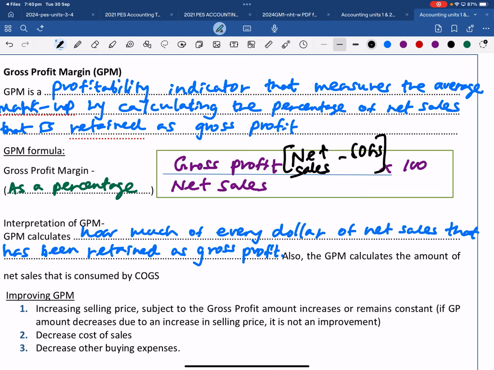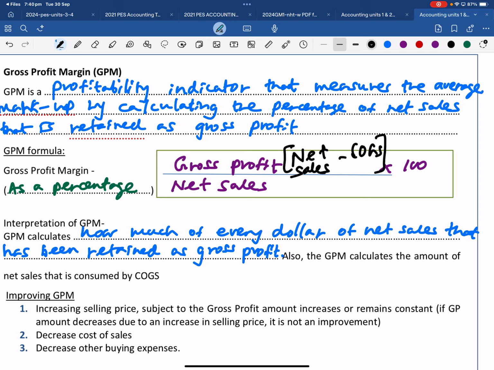Then, if you want to improve the gross profit margin, one thing is that you can increase the sales, which means one way is you can increase the selling price. The other thing is, you can drop the cost of goods sold, COGS.